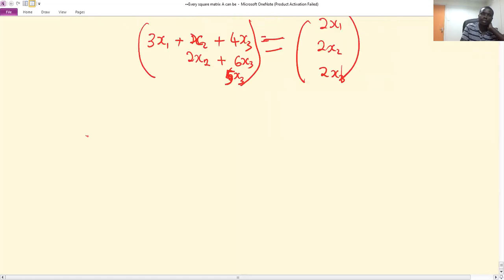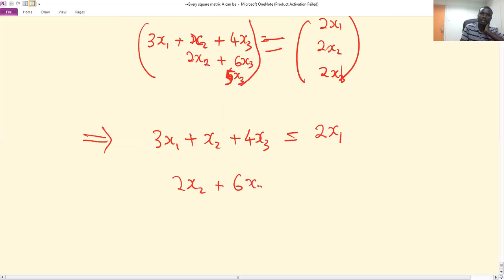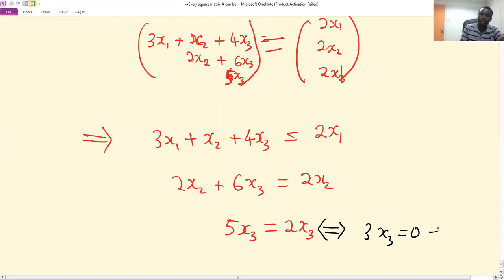And for this equation to make sense, then 3x1 plus x2 plus 4x3 should give us 2x1, and then 2x2 plus 6x3 should give us 2x2, and then 5x3 should be the same as 2x3. I think it should be clear that this means 3x3 equals 0, which implies x3 is 0.